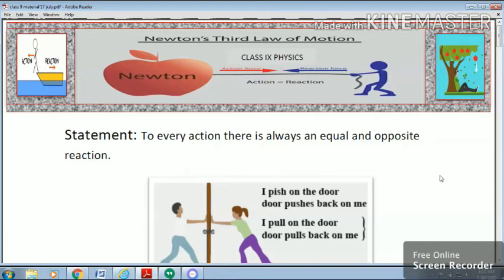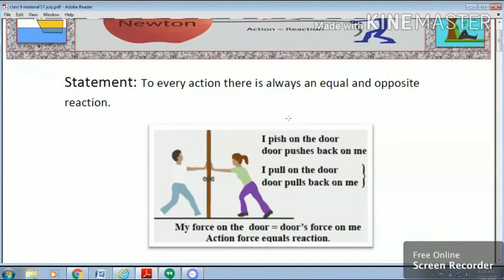Now we'll start this with a few examples. Pushing a wall or pushing a door, as you can see in this diagram. When you exert a force, that is the action, on a wall by pushing the palm of your hand against it. Here you can see the boy and the girl pushing the door.